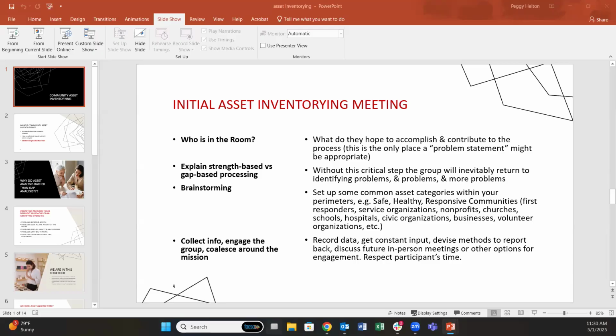Explain what a strength-based versus gap-based processing is. So again, this is very different than most of the planning we do. Most of the planning we do, again, is we identify problems and then we try to come up with solutions. If you don't take this critical step at the beginning with this group, they will inevitably return to identifying problems and more problems.